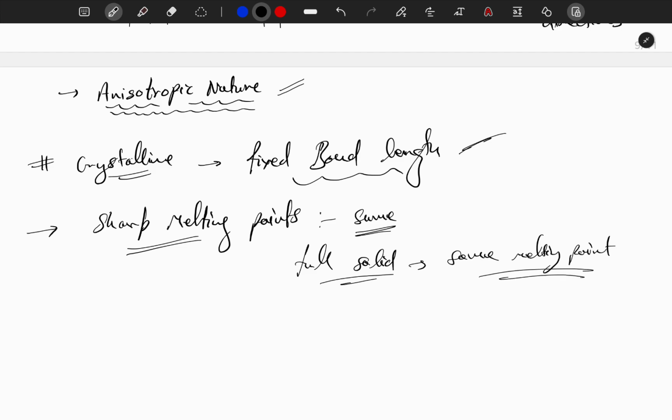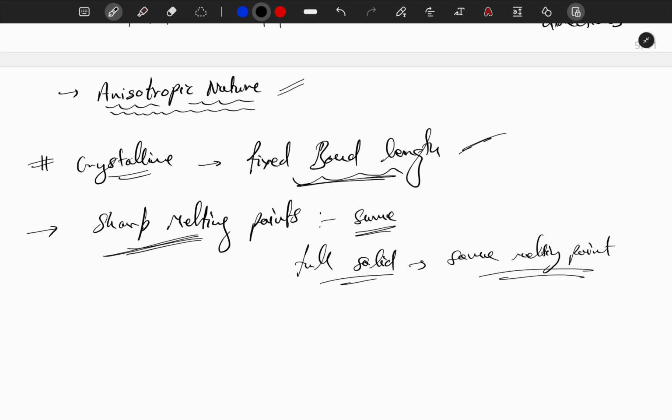Due to the fixed bond length, all the bonds will rupture at the same temperature, so that's why the melting point of crystalline solids is fixed and they have sharp melting points.